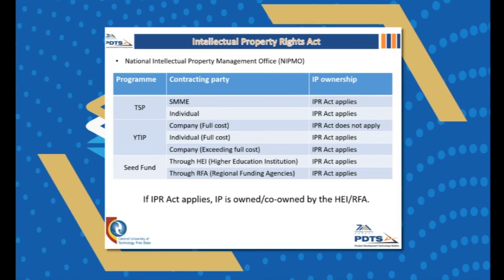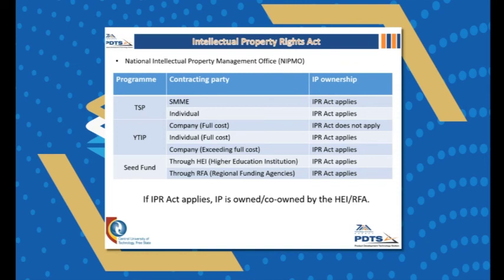This slide shows a table with a few representations of technology station programs, contracting parties, and whether the IPR Act applies. This table is applicable for South African citizens whose project has been funded by public finances. Public finances are funds which are distributed to clients through the Technology Innovation Agency, or TIA, or perhaps a CEDA fund.